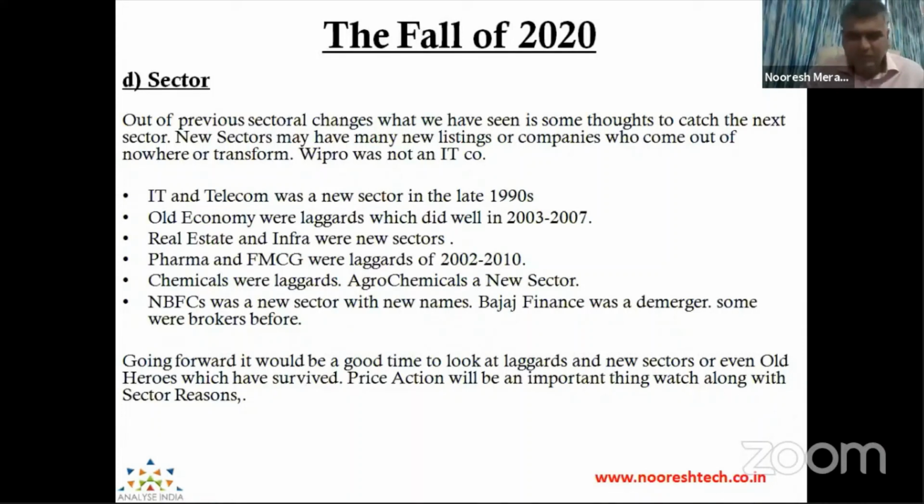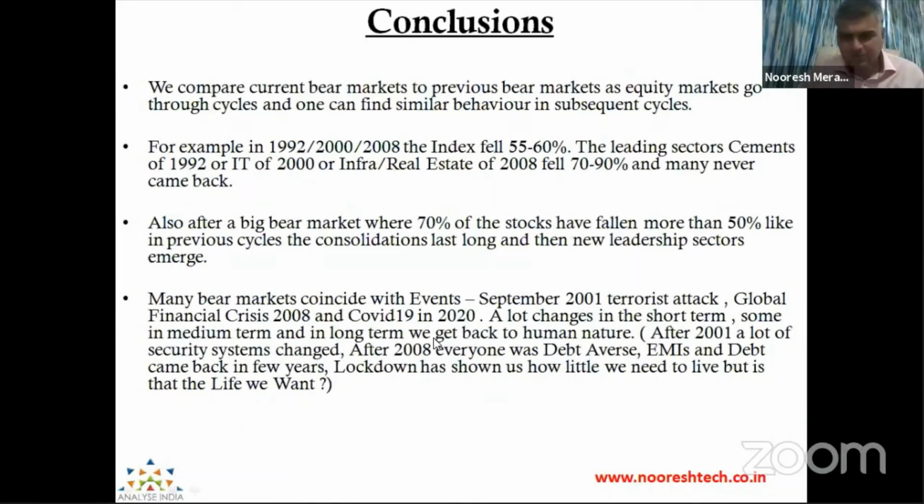So that is the kind of change which happens in terms of valuations. You go from 6x P to 6x sales, or 6x P to 25x P. So we need to keep an open mind going forward, because there could be very different changes in terms of sectors, in terms of stocks, in terms of what sort of stocks will do well.